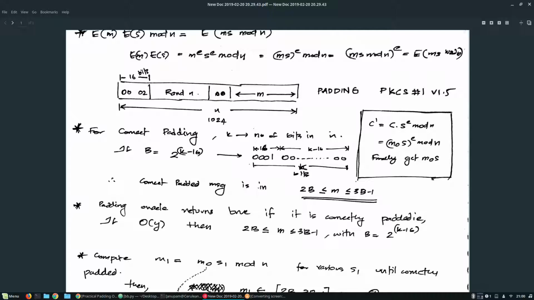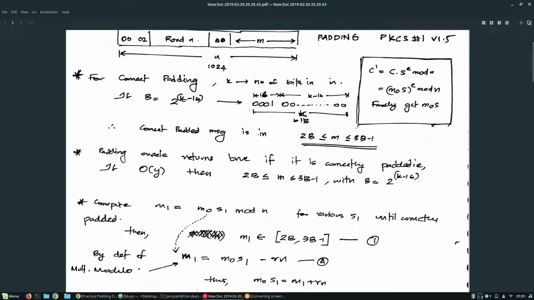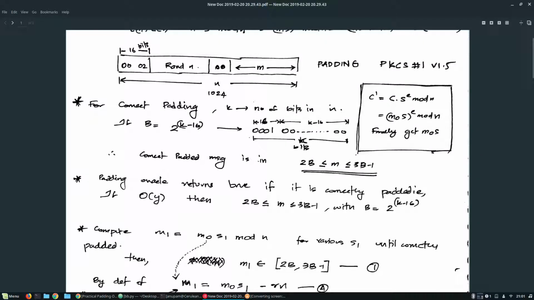So if we multiply it by 2, it will be starting at 0002 followed by a lot of zeros and ending just before 0003. So all the numbers in between will actually be conforming to the padding standard of PKCS number 1 version 1.5, and so we use this particular set of values to determine some information about our message.